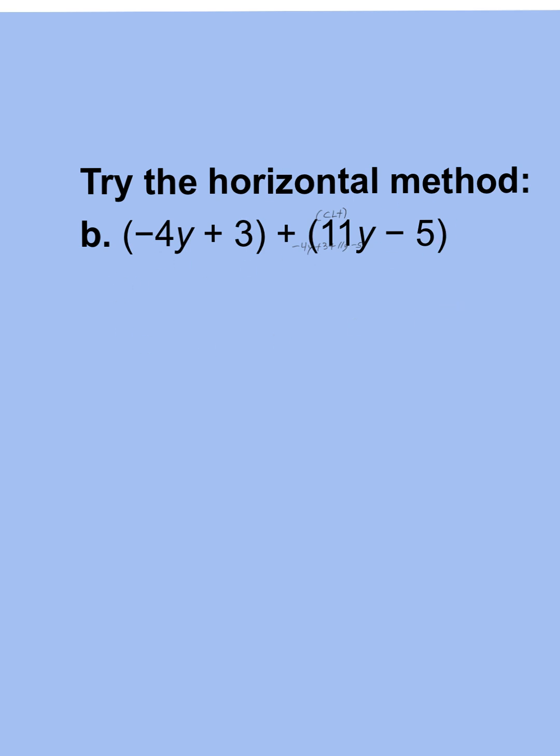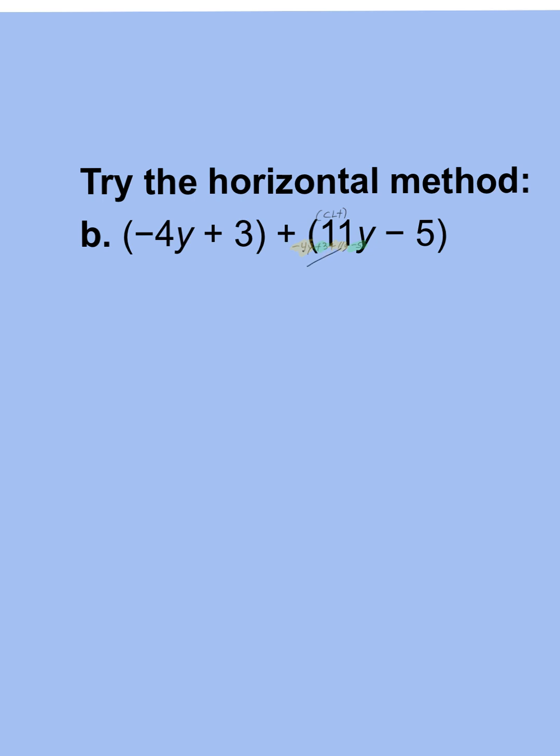Now, combine like terms. I do like to use my highlighter. So my negative 4y will go with my plus 11y. And my constant 3 will go with my constant negative 5. All right, let's put these together.